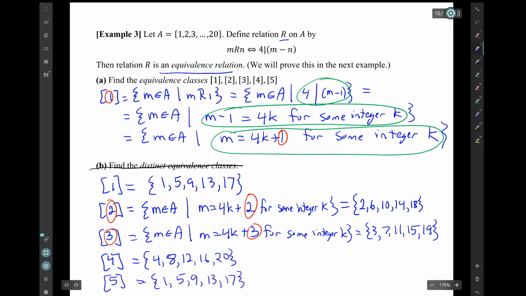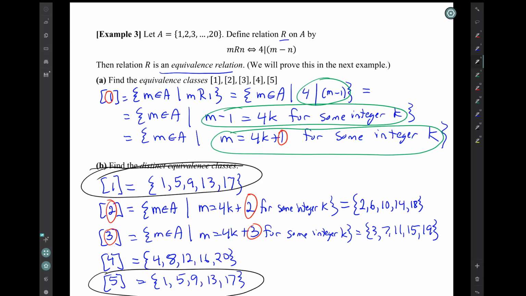So there are the 5 equivalence classes requested there. Now notice that these are not all distinct. That is, the equivalence class of 1 is the same as the equivalence class of 5. So you see that once you get to 5, the equivalence classes start repeating.